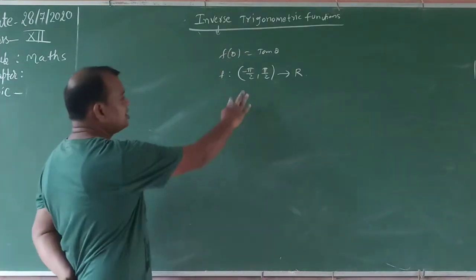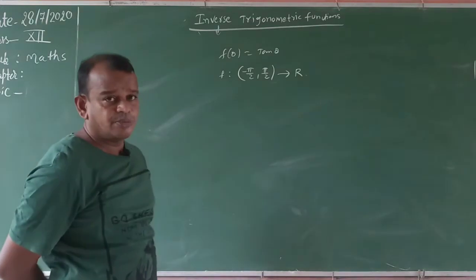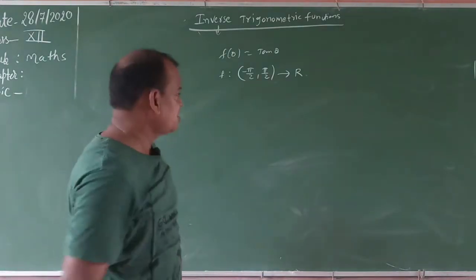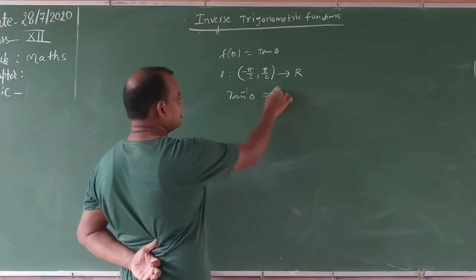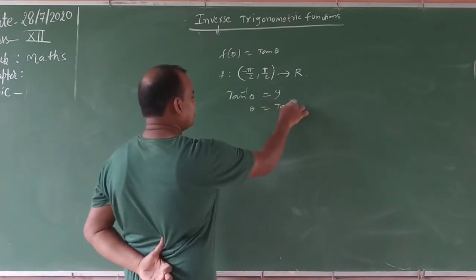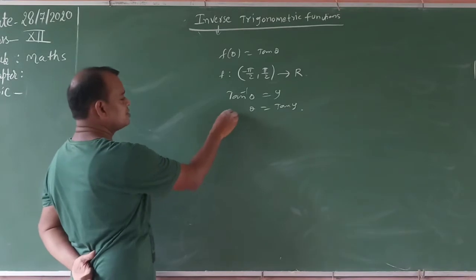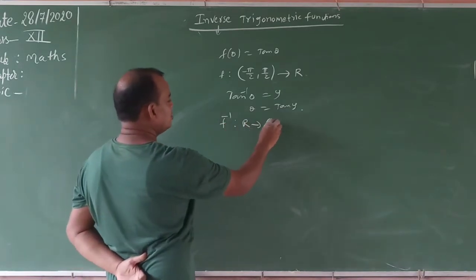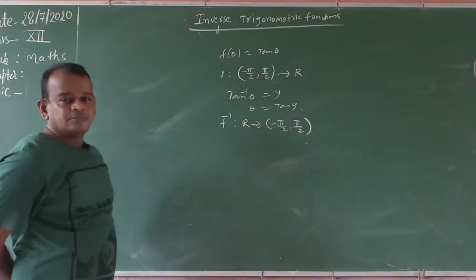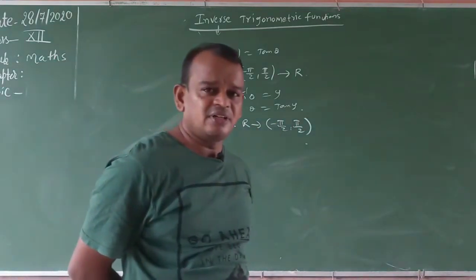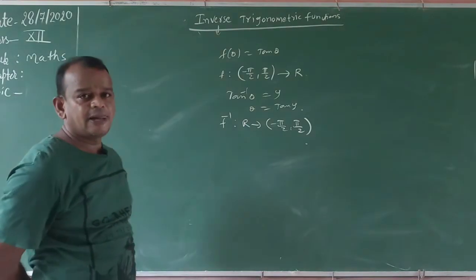Now in this interval the function is bijective, which means it is invertible. What is the meaning of that? That is tan inverse of x, or something y. Theta is equal to how much? Tan y. Now f inverse maps R to minus pi by 2 comma pi by 2. Remember that one. Each and every one must and should remember.